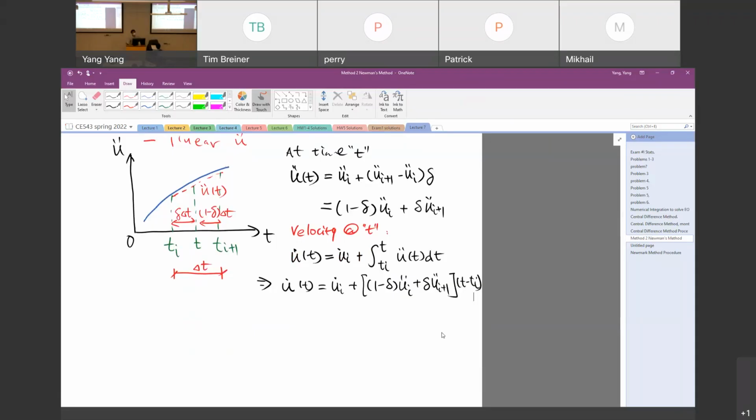As you can see here, the Newmark method starts from the acceleration. It is different from the central difference method, which starts from the displacement. We go from different initial conditions here. Similarly, we should be able to get the displacement at time t, by doing the integration on velocity.